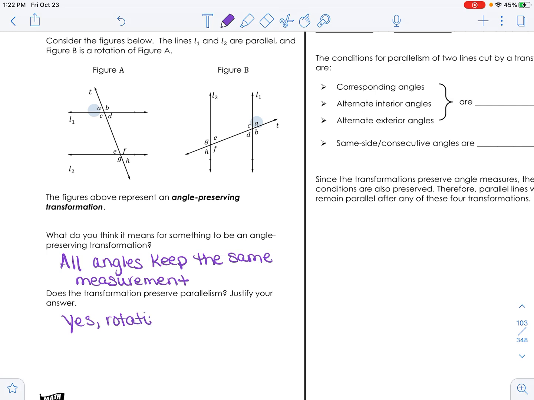Okay, a rotation preserves distance, size, direction, and you can look at the tick marks that are there. That's telling us that it's still parallel. So I'm going to look at the tick marks.